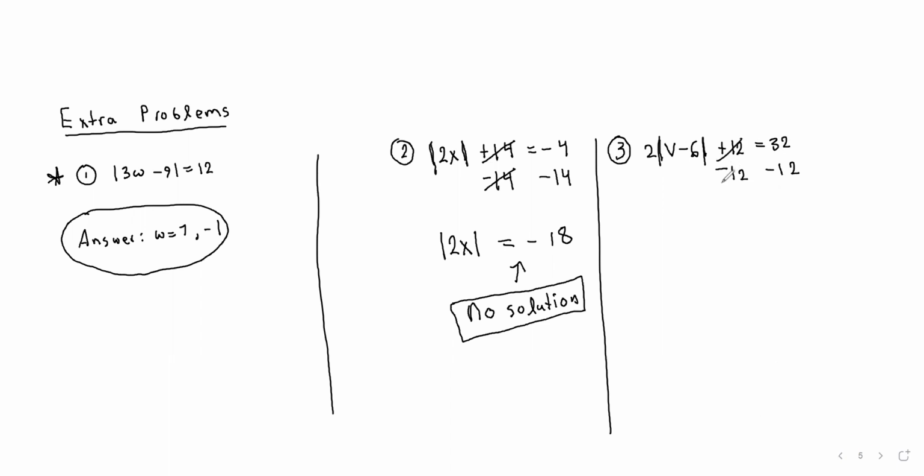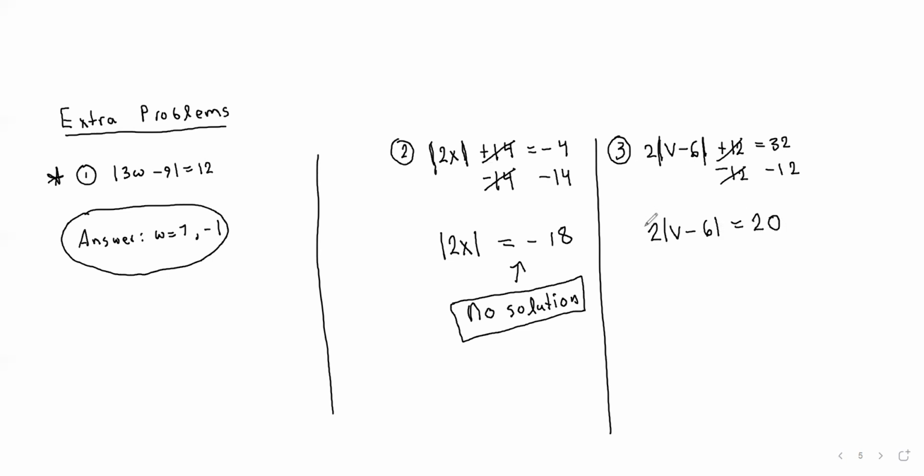Just crossing these out, 12 and minus 12 cancel to 0. On the left, we just have 2 times the absolute value of v minus 6. On the right, we have 32 minus 12, that's equal to 20. And so we have 2 times the absolute value of v minus 6 equals 20.